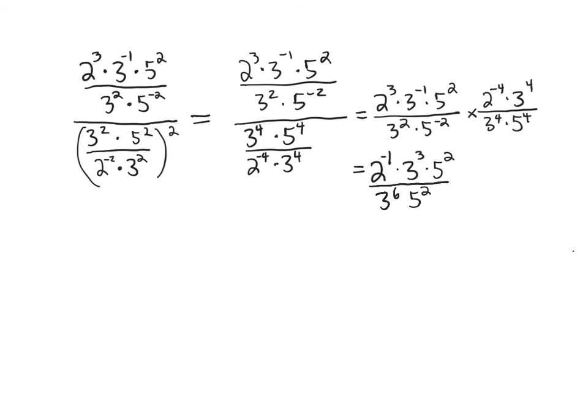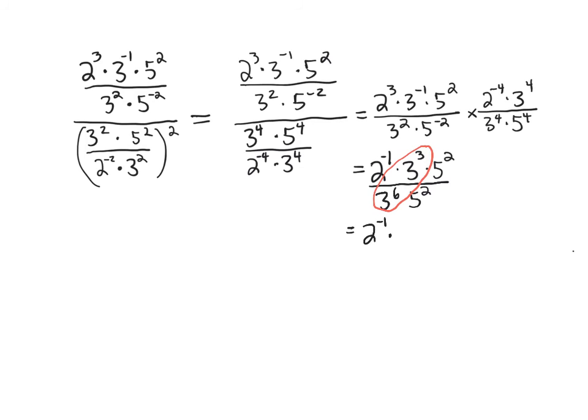We can cancel out some 2's and some 5's, so let's go ahead and do it. We only have the one 2 here, so it's 2 to the negative 1. And then we have 3 cubed divided by 3 to the 6. So remember, when we are dividing, we have 3 threes up top, 6 threes down the bottom.